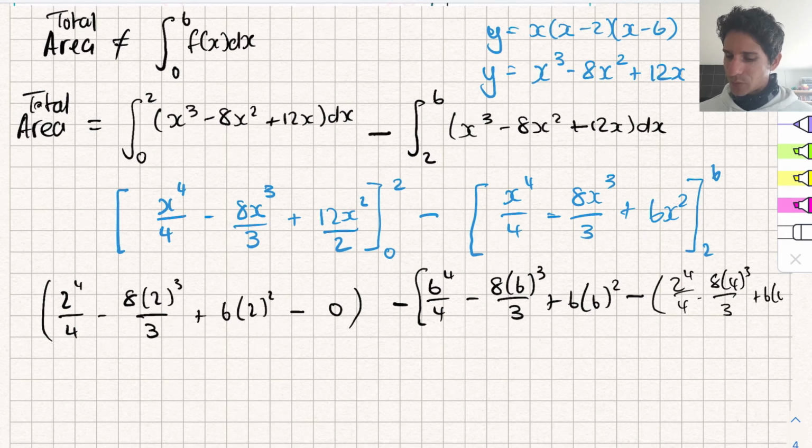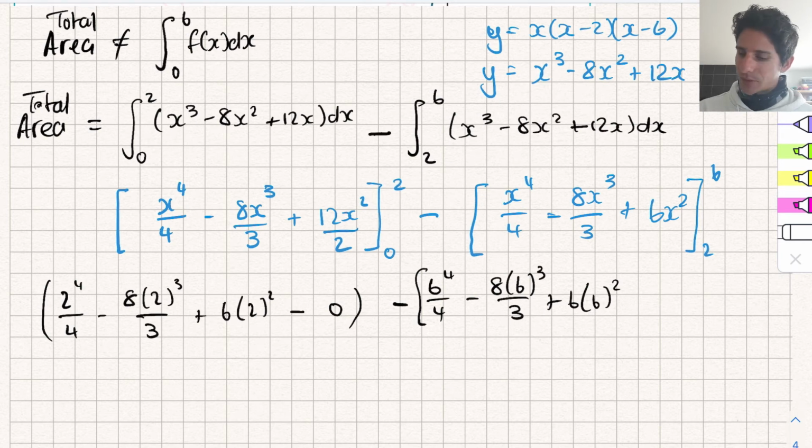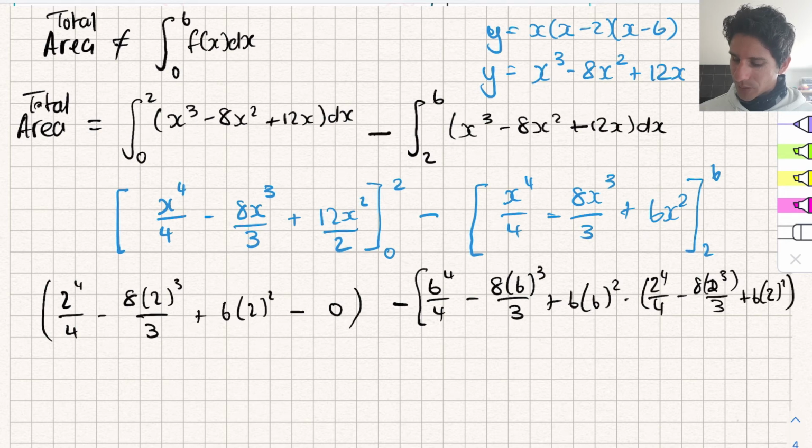Sorry, these are not 4s, these are supposed to be 2s. Let's do that one again. See where this gets very messy otherwise. Take away 2 to the power 4 over 4 minus 8 times 2 cubed over 3 plus 6 times 2 squared.